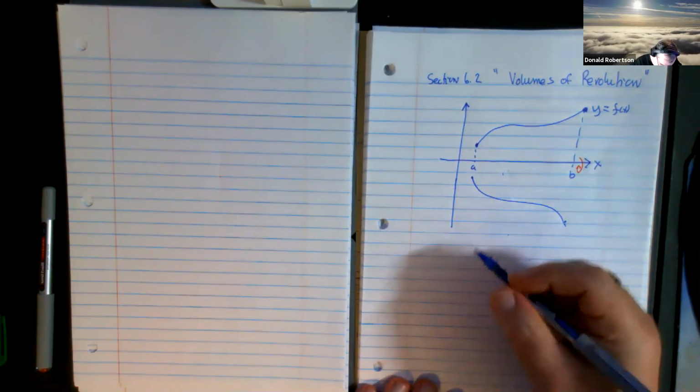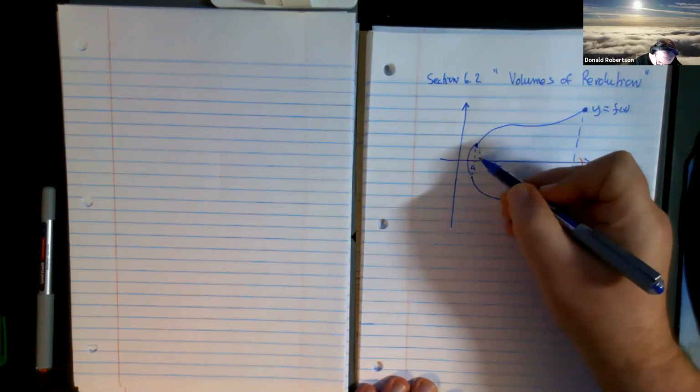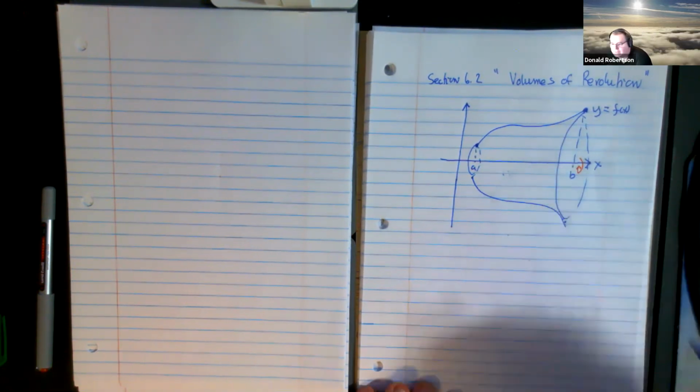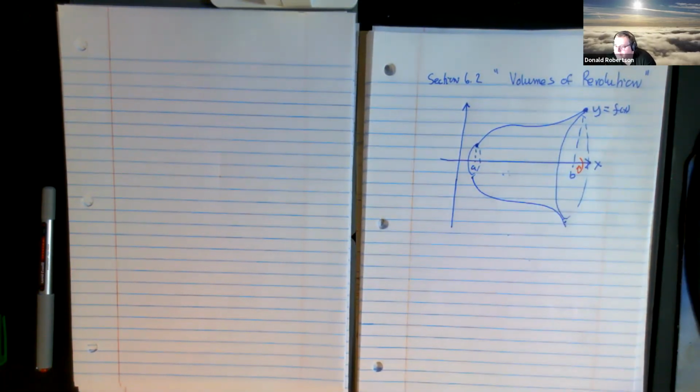Can you imagine that the shape you would get would look like a bell? And that's called a volume of revolution.